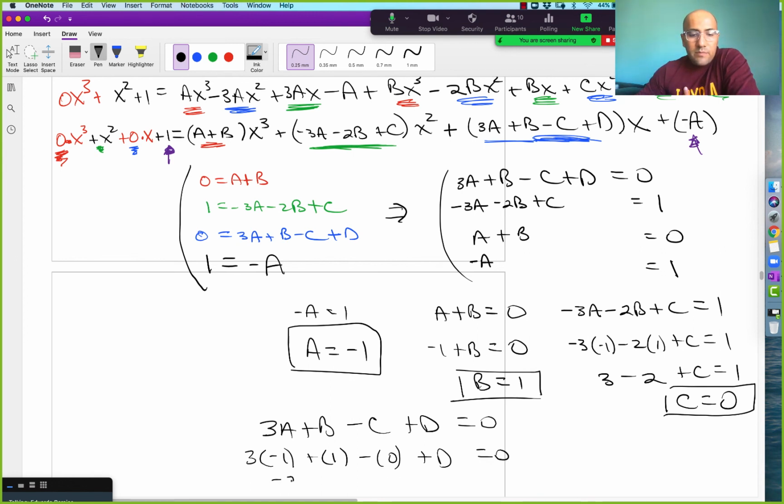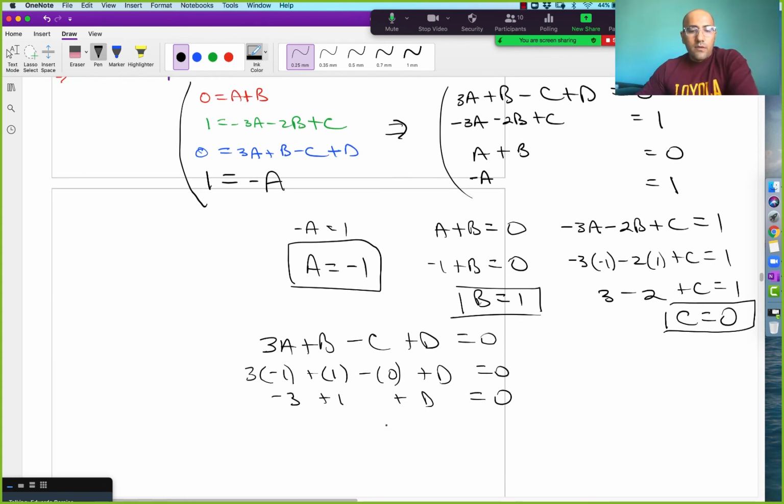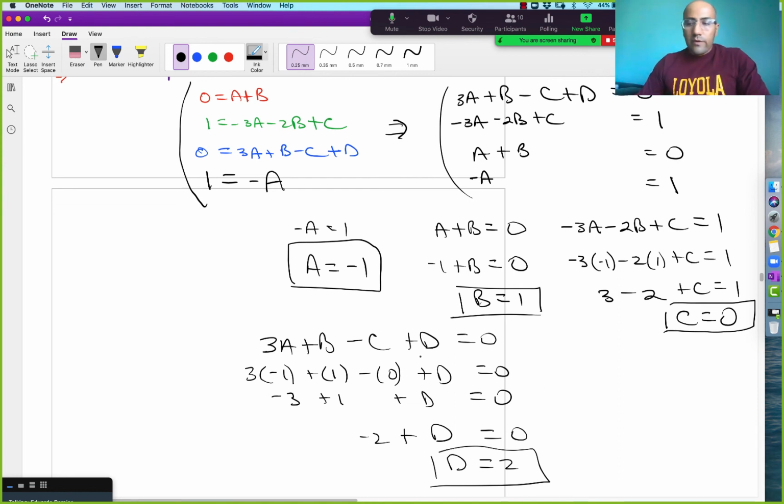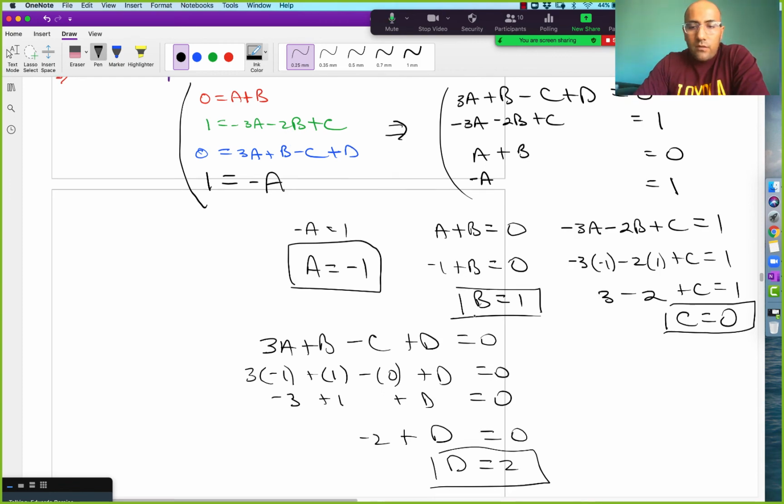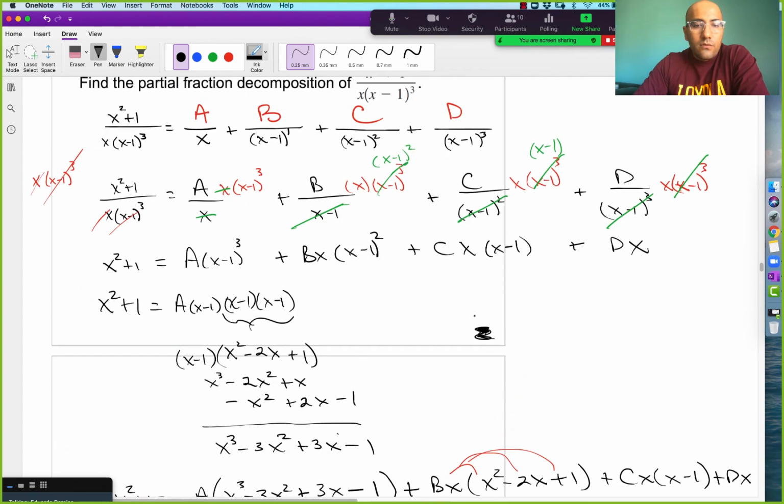So that must mean that negative 3 plus 1 plus D equals 0. That's going to be negative 2 plus D equals 0. So D must be equal to positive 2. Okay, so those are the answers I'm getting. Negative 1, 1, 0, 2.